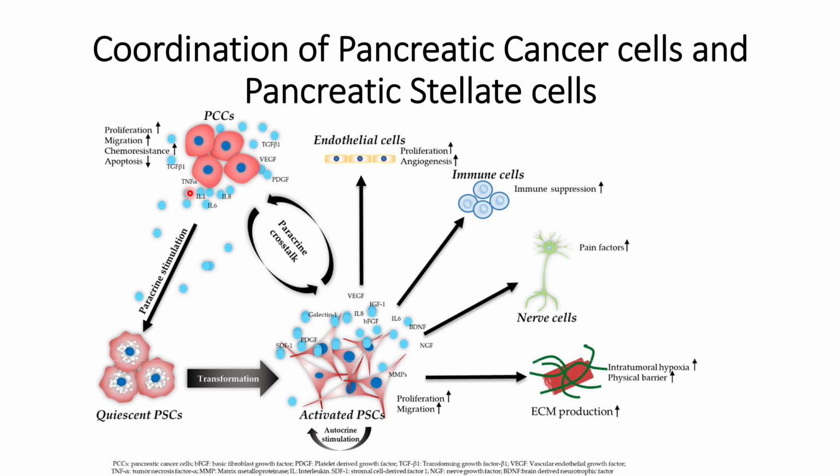At the same time, they will release several cytokines that will trigger paracrine stimulations that will lead to the quiescent pancreatic stellate cells formations. And once these pancreatic stellate cells are formed, the transformation or activation of these pancreatic stellate cells occurs.